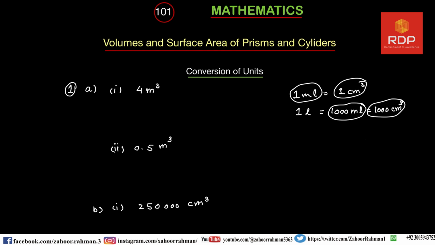One more thing I want to tell you is that 1000 liter will be equal to 1 meter cube. If you are taking 1 meter cube, with each side, that is length, breadth and width, being 1 meter, it means that it will contain 1000 liter of liquid.